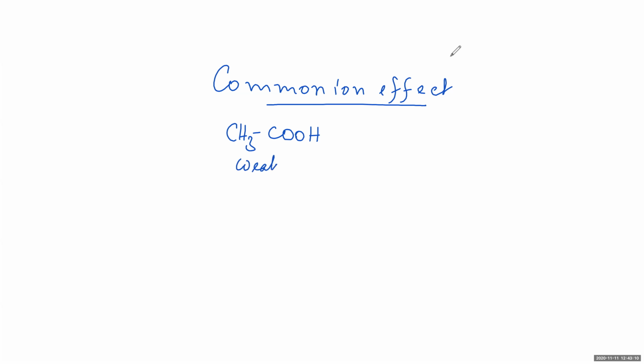It's a weak acid. When a solution is prepared, it slowly ionizes, weakly ionizes, giving H plus ion and CH3COO minus ion, acetate ion. So the ionization is only to a small extent. Only a fraction is ionized.